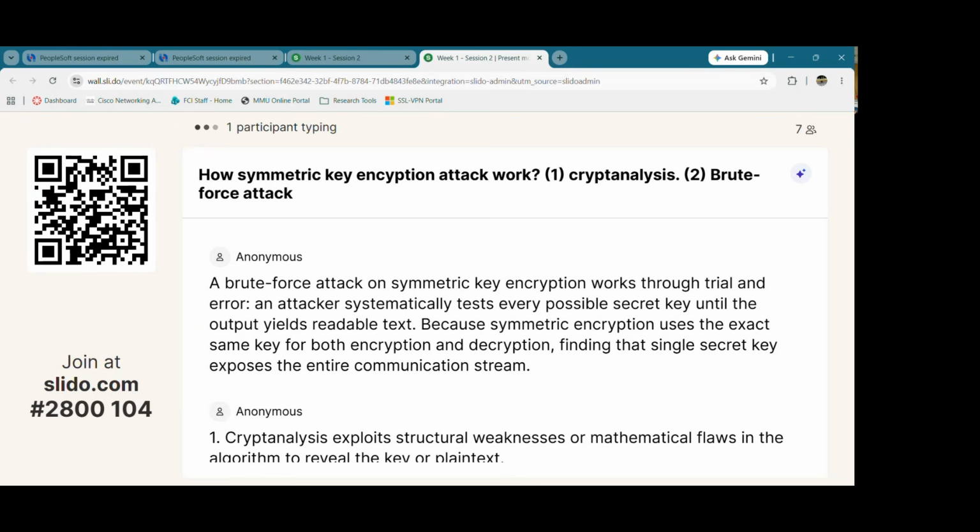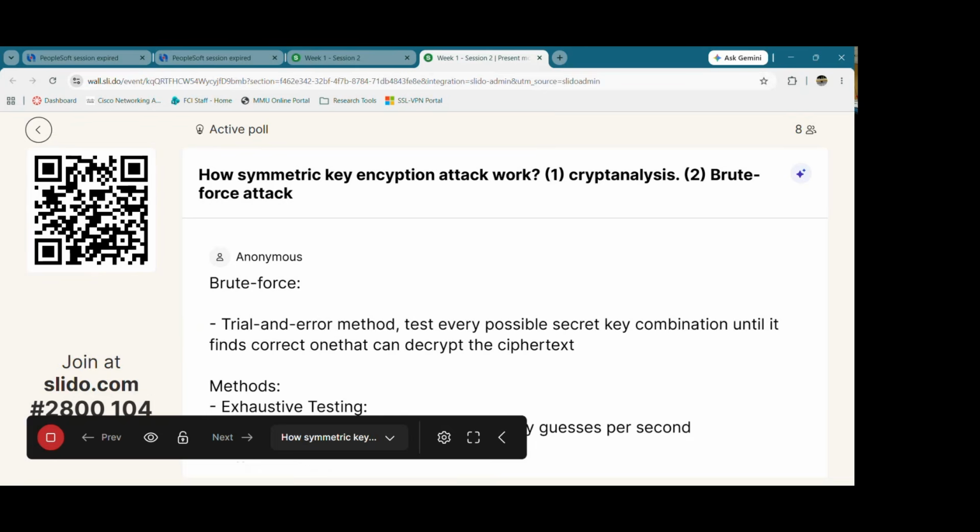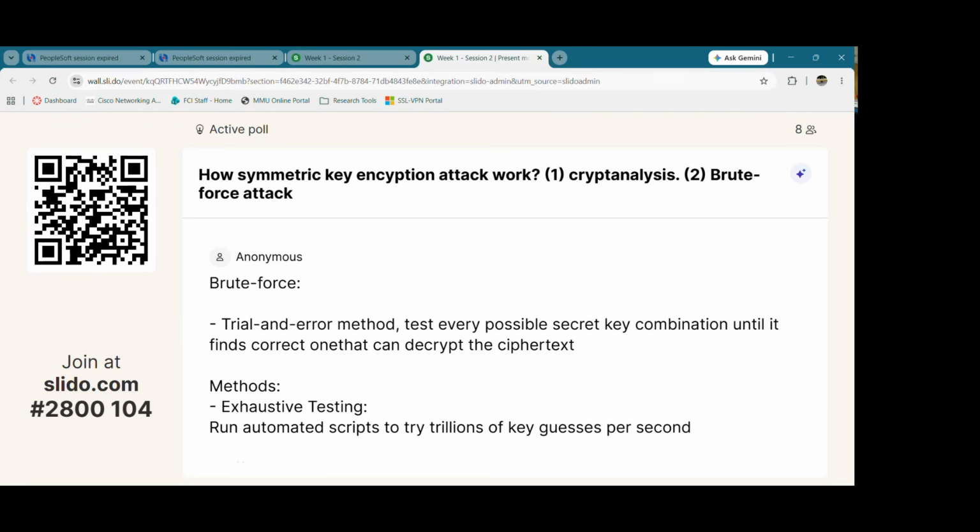Maybe after this AES doesn't work anymore because it can be cracked very fast. Currently, if they're using brute force, it takes about 10 years, 100 years to be cracked, right?